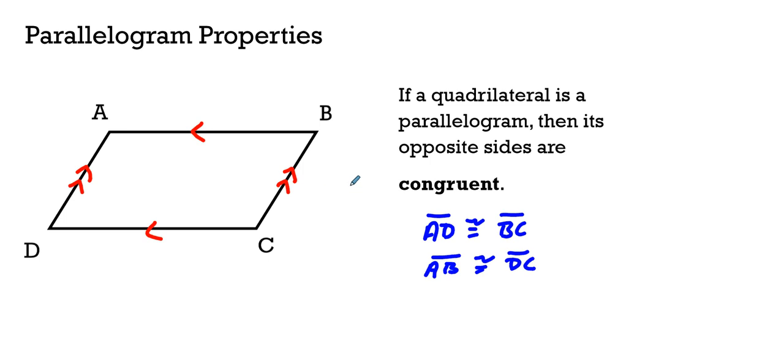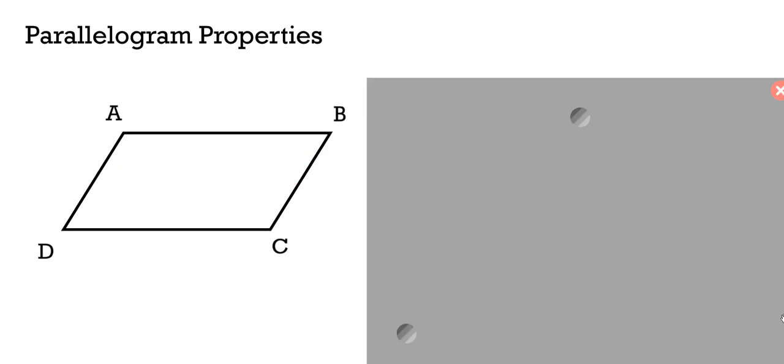If not, we might be talking about something that would cause the other lines to intersect at some point. So if we know a quadrilateral is a parallelogram, then we can assume that the opposite sides are congruent. Where else can we extend that line of thinking?